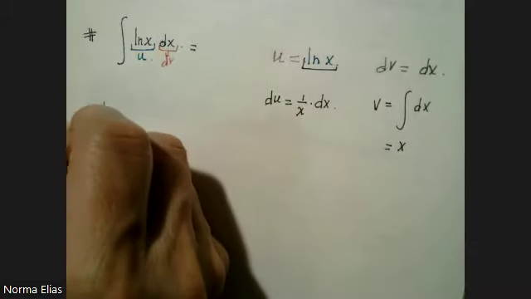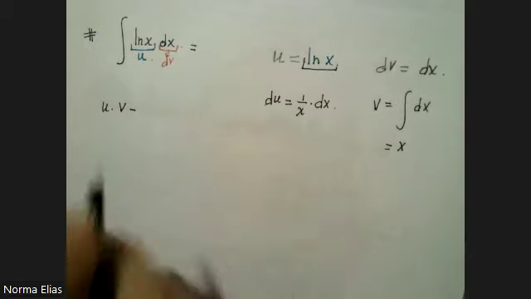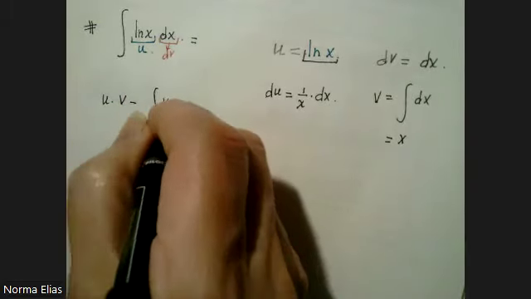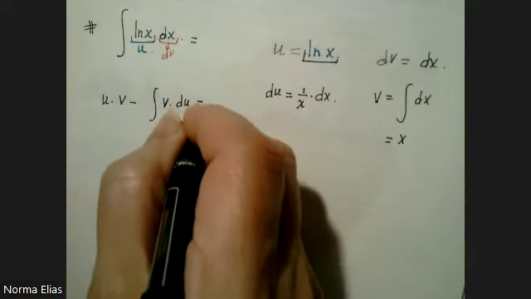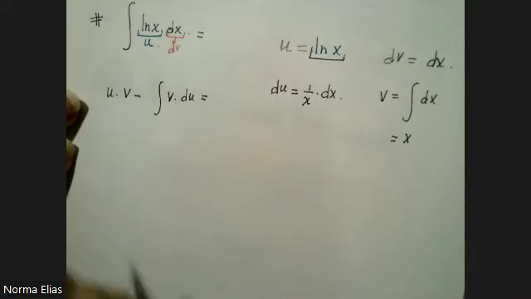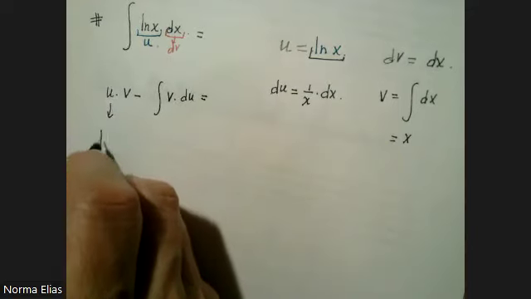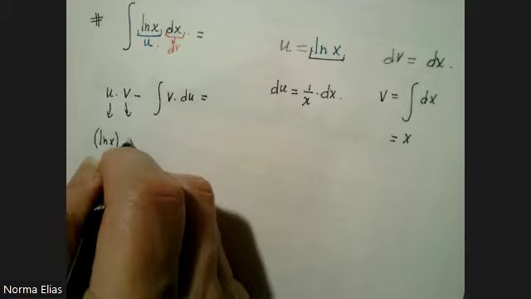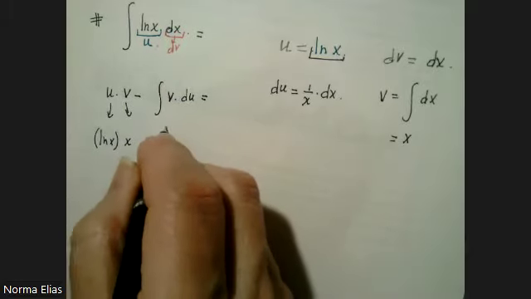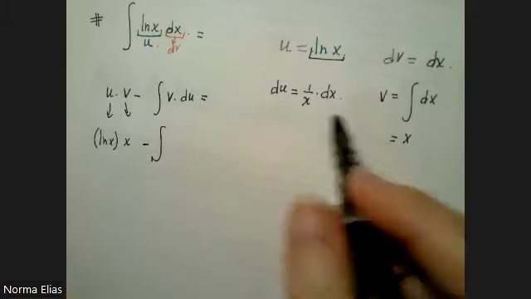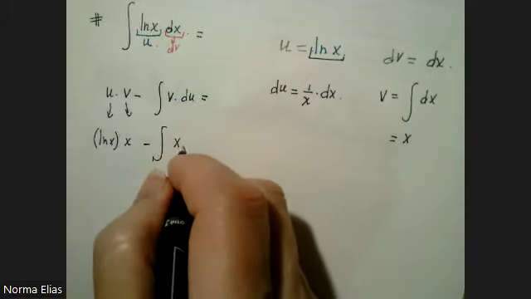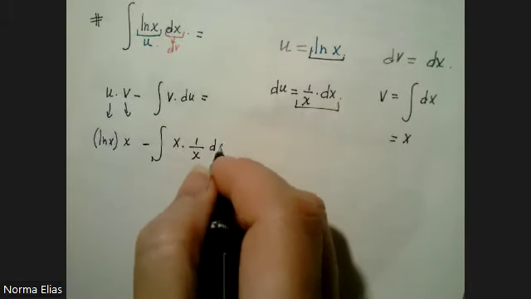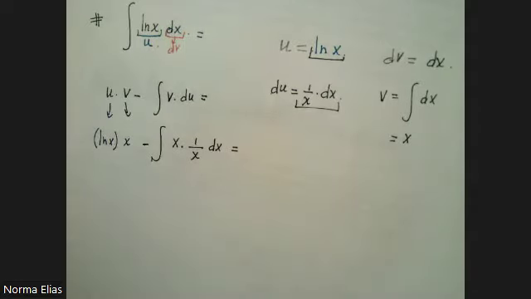And now I replace verbatim. That's going to be u times v minus the integral of v du. Now what is u? u is ln, v is x, minus the integral of v du. v du is x times 1 over x dx.